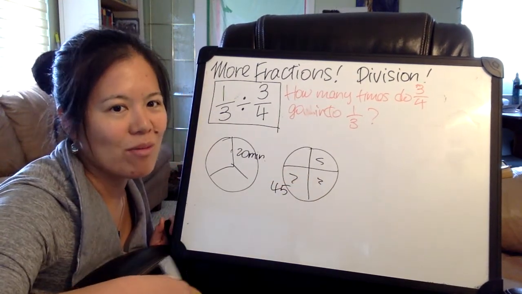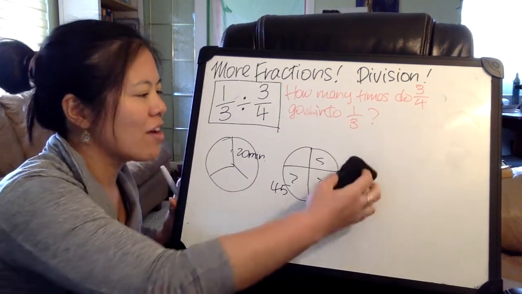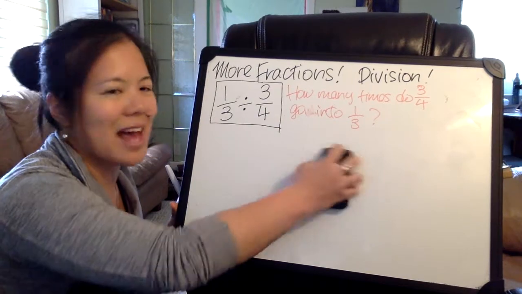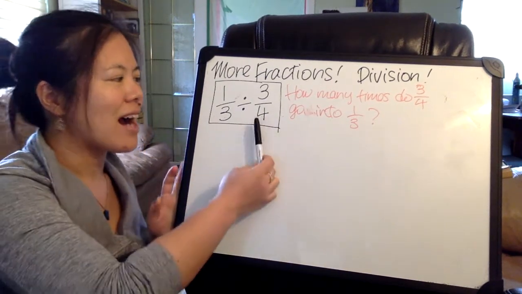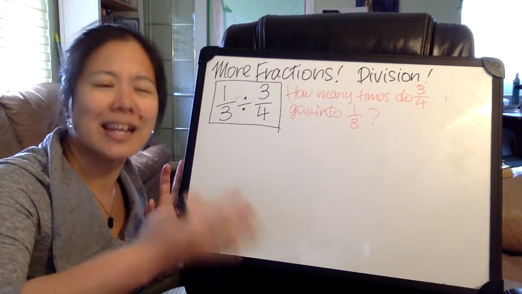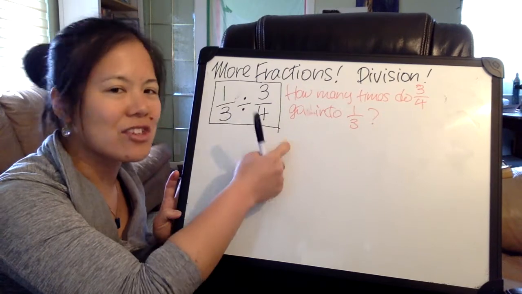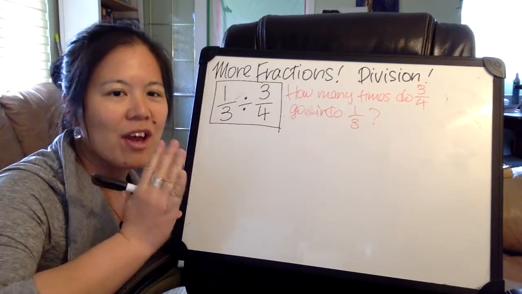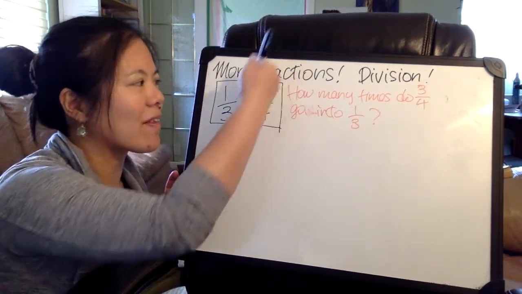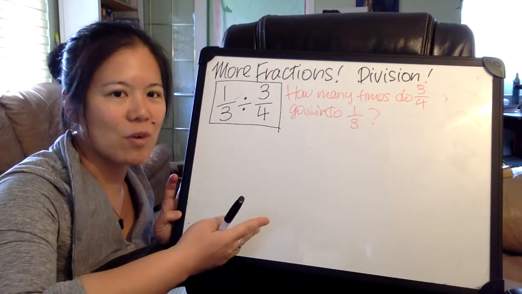So I know that the second fraction is bigger than the first fraction. So what does that mean? That means I can make an educated guess that the answer is going to be smaller than 1, because I don't think this number would go into the first number even once.